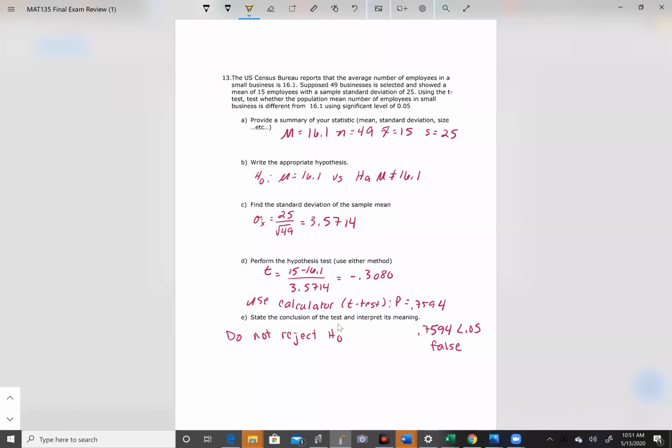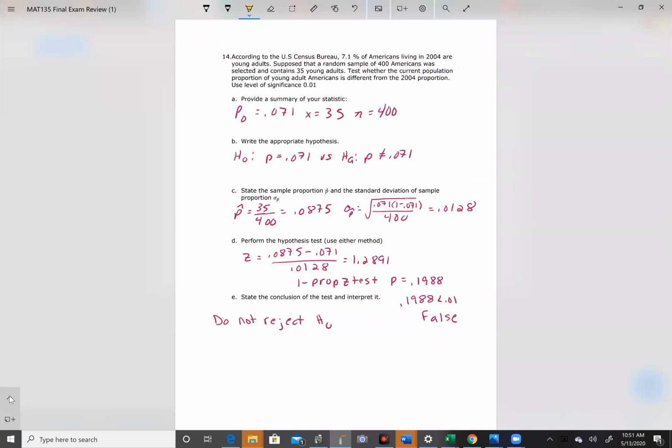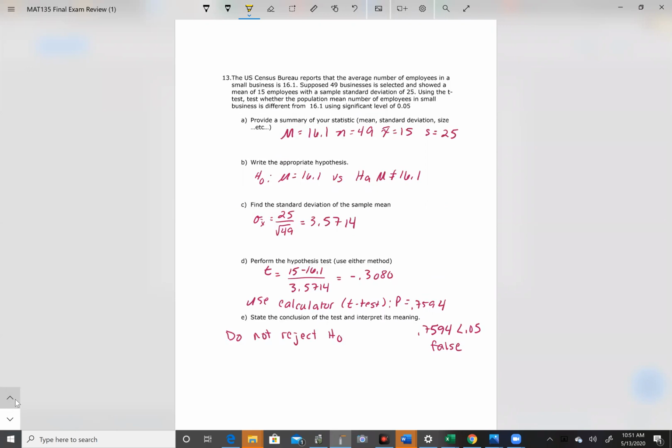All right, you guys, so our last, I think, 2 questions. And then we're done. Our last 2 questions are about our hypothesis testing. The first one is dealing with the mean. So what we do is we go through here and we pull out some information. Our mu is 16.1.